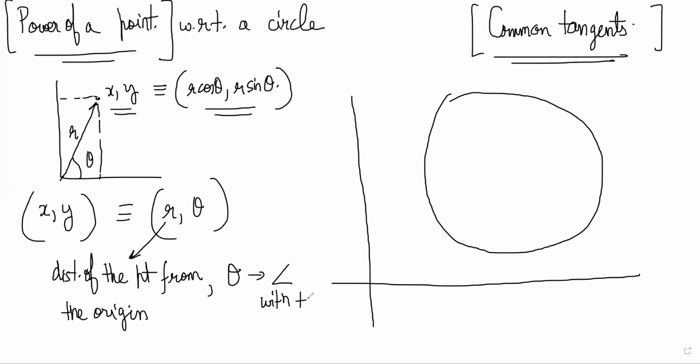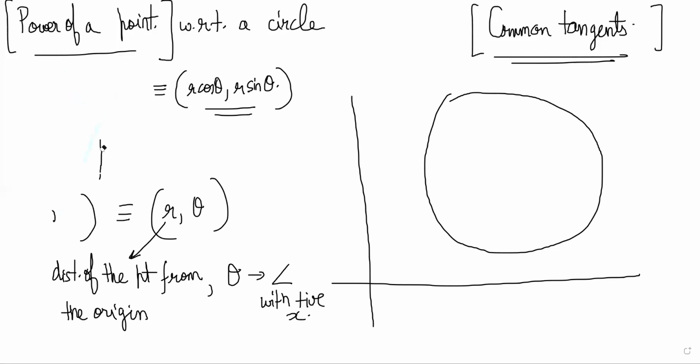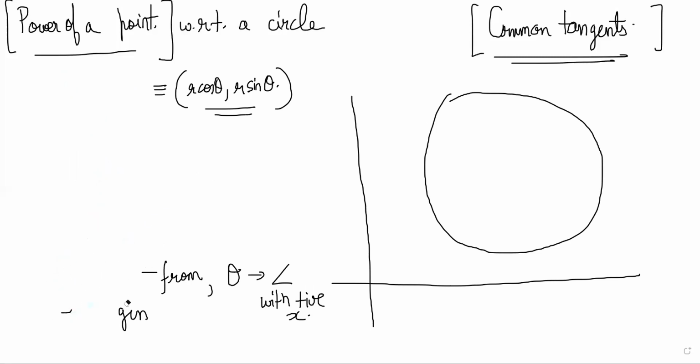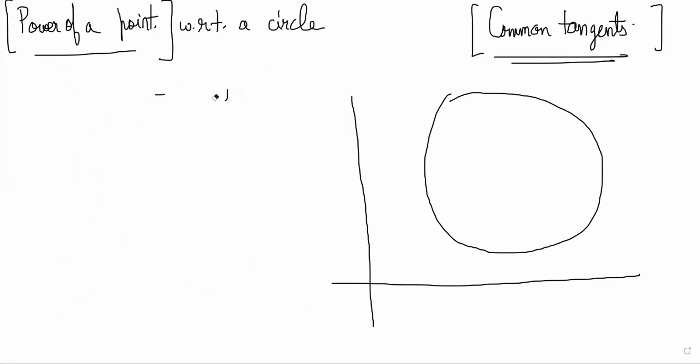Basically any point in space you can write using r theta form. It's just an equally good representation as x comma y. Now what we will do is try to get the equation of a circle in this r theta form.